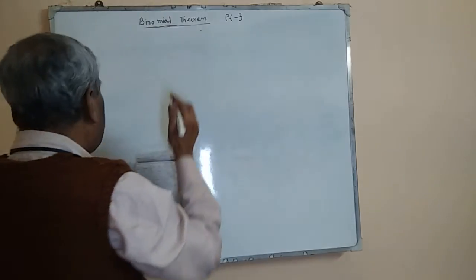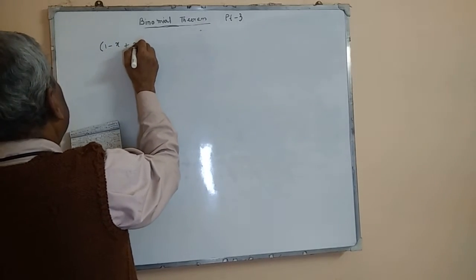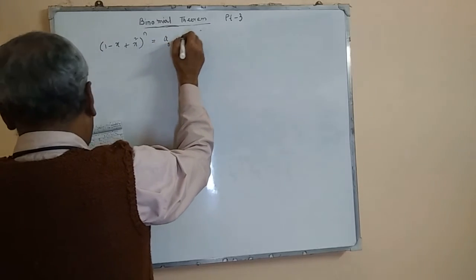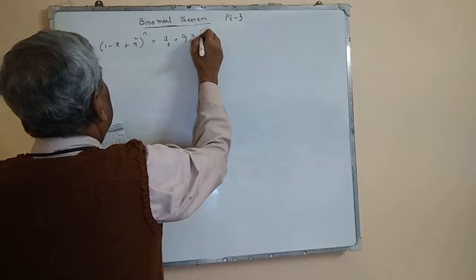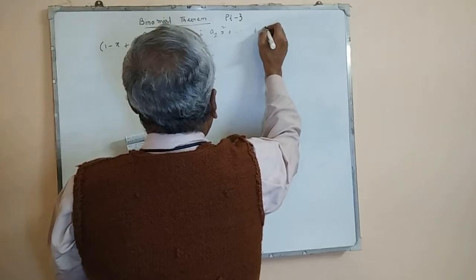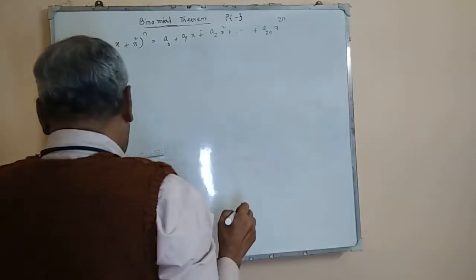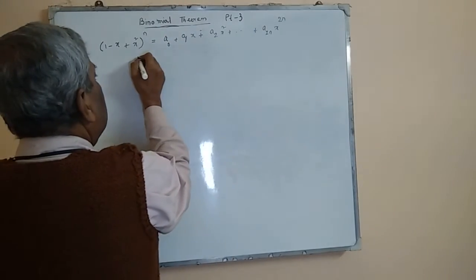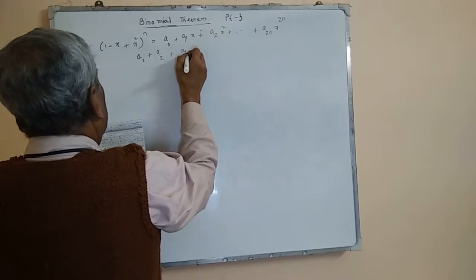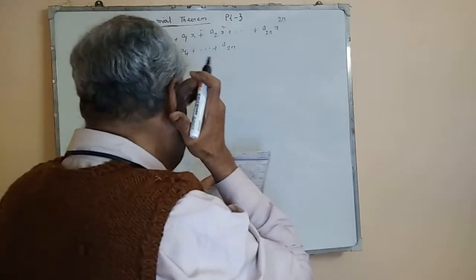If (1 minus x plus x square) whole to the power n is equal to a0 plus a1 x plus a2 x square up to a2n x to the power 2n, then the value of a0 plus a2 plus a4 up to a2n is, options are there.